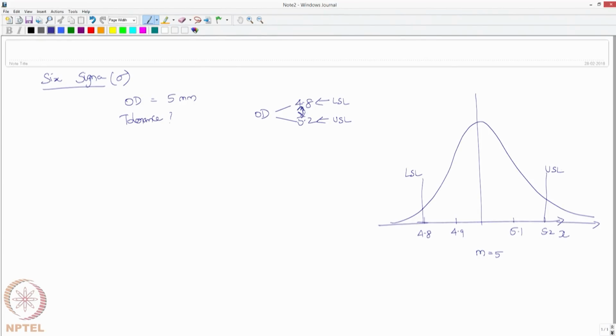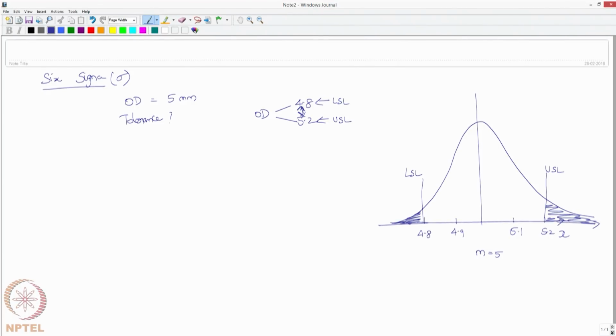What it means is any sample that falls outside, because we discussed yesterday how you get this graph. This graph is not magic, it is nothing but the frequency of the products that are falling in this area, right. So, the area below this curve on this side and on that side are failures.